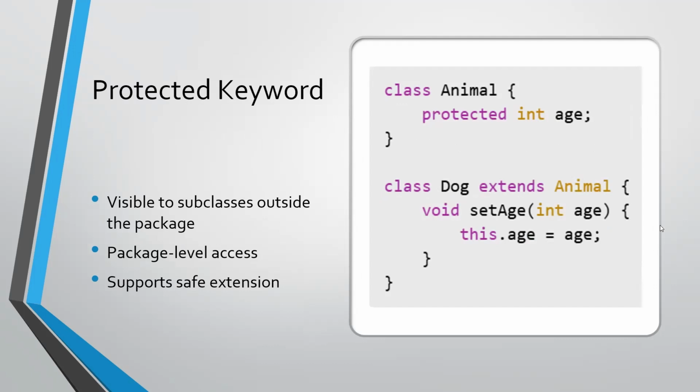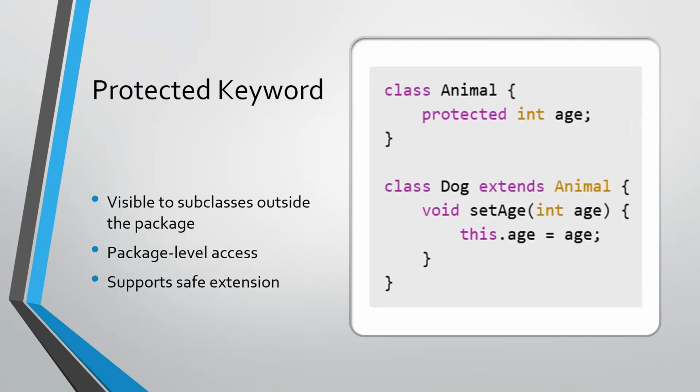We'll just touch on the protected keyword because I did an extensive discussion on that in our access modifiers lecture. But essentially, protected means that visibility is within the package, and in a child class, the visibility can be outside the package.